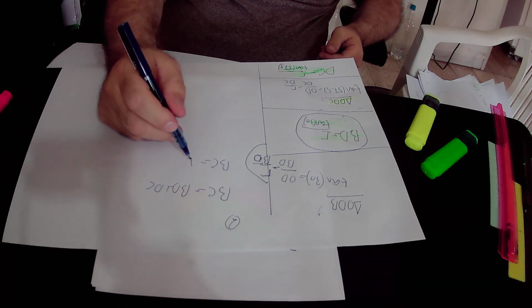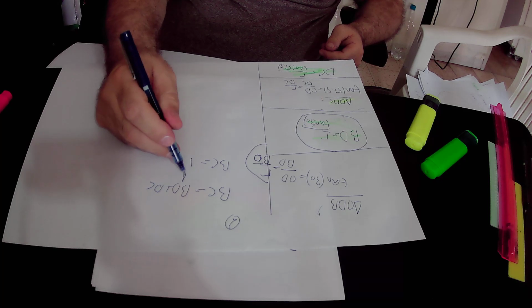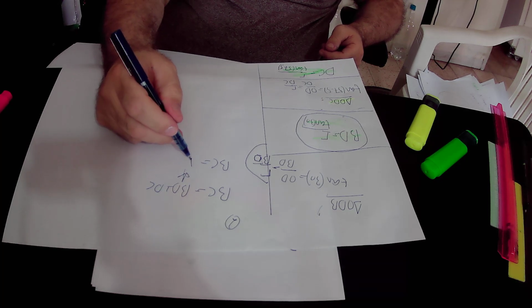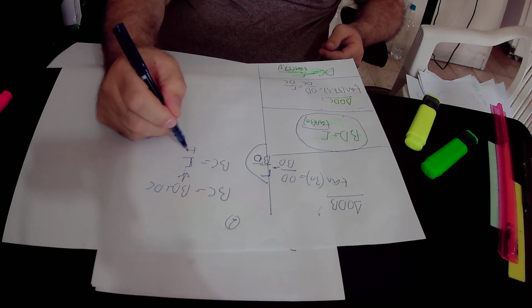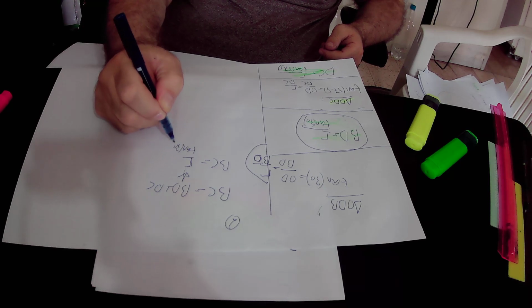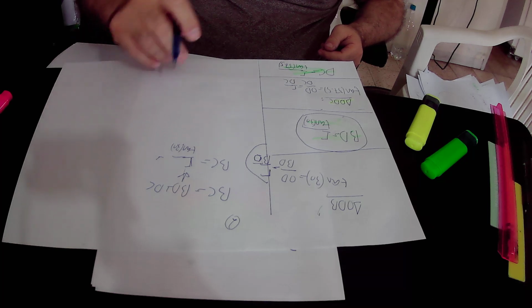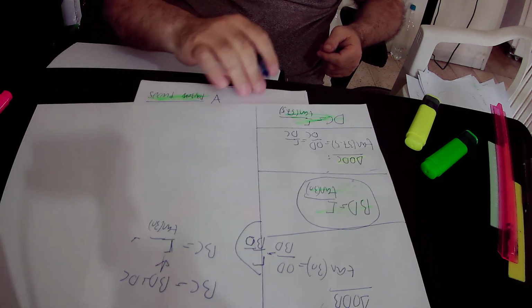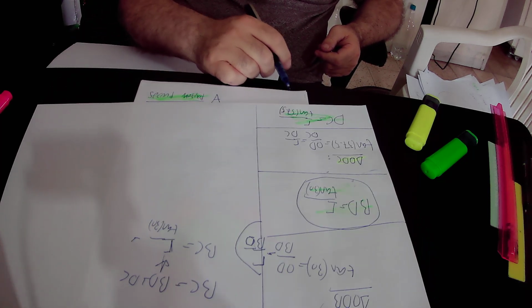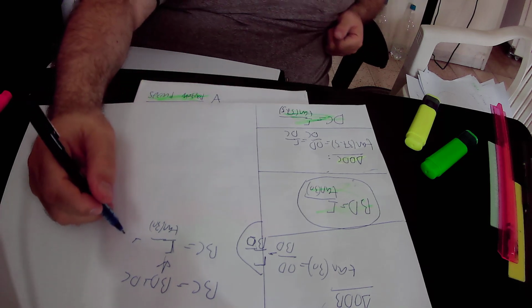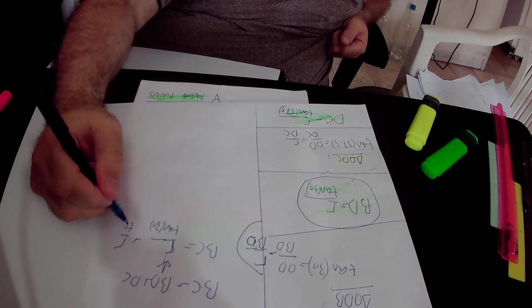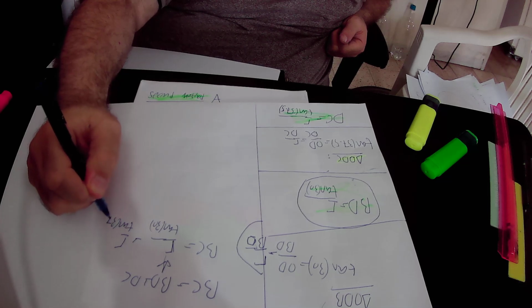BD is equal to R over tangent 30 degrees plus DC. We already found out that DC equals R over tangent 37.5 degrees.